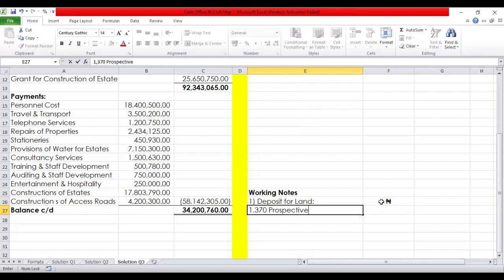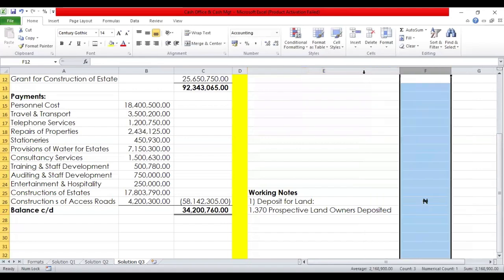Prospective landowners deposited. How much did they deposit? 5,000 naira each.